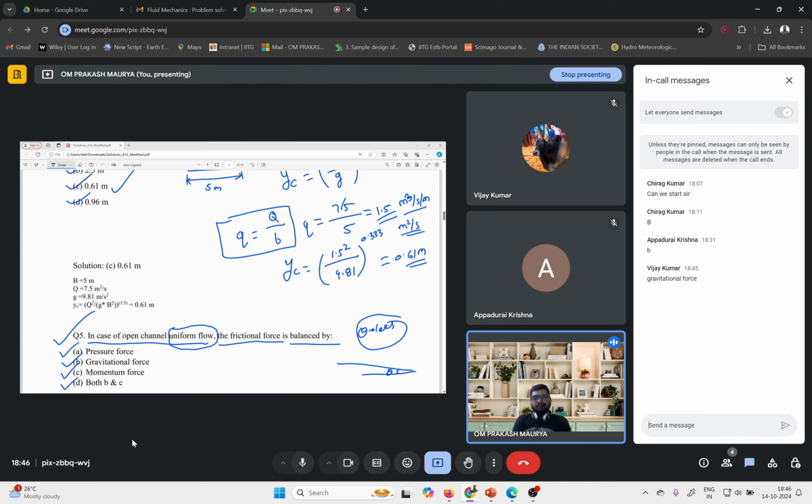It might be that the pressure force and momentum force should also be included, but why are we neglecting them here? This is also important to think about for this question. And in this question, I will very simply derive your frictional, or you can say the shear stress or frictional stress.